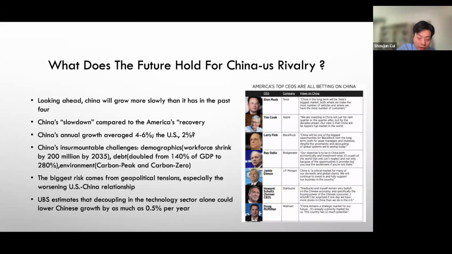UBS estimates that decoupling in the technology sector alone could lower China's growth by as much as 0.5 percentage points per year. Those are some negative forecasts of China's economic growth.